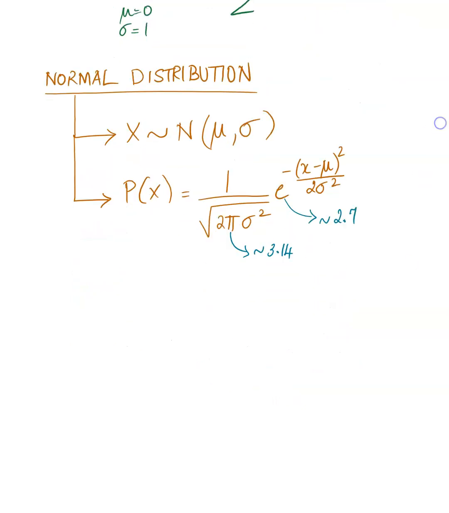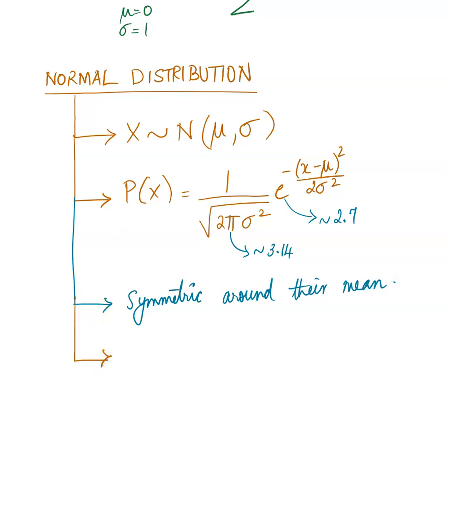So what are the features of the normal distribution? The most striking feature is that the graph is symmetric around the mean. And then we have the mean. That's the spectacular part. The mean, the median, and the mode all coincide.